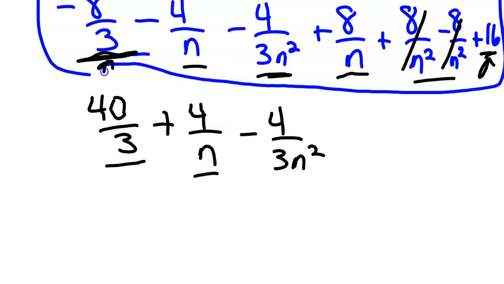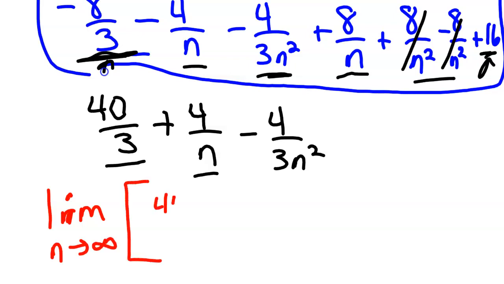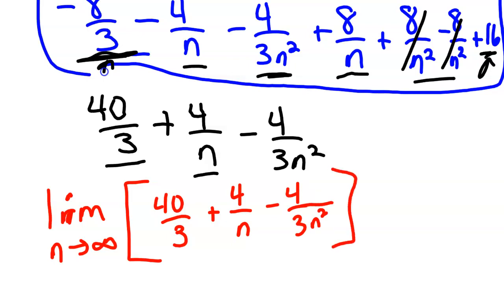So now we can go ahead and set the limit of this as n approaches infinity, because remember, we wanted as many rectangles as we could get. So let's just do infinitely many rectangles. So we take the limit as n approaches infinity of 40/3 plus 4 over n minus 4/3 over n squared, dividing by that, kind of important there.